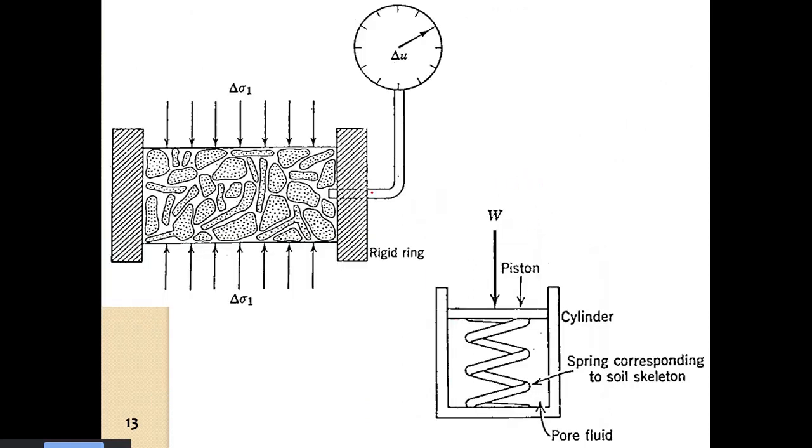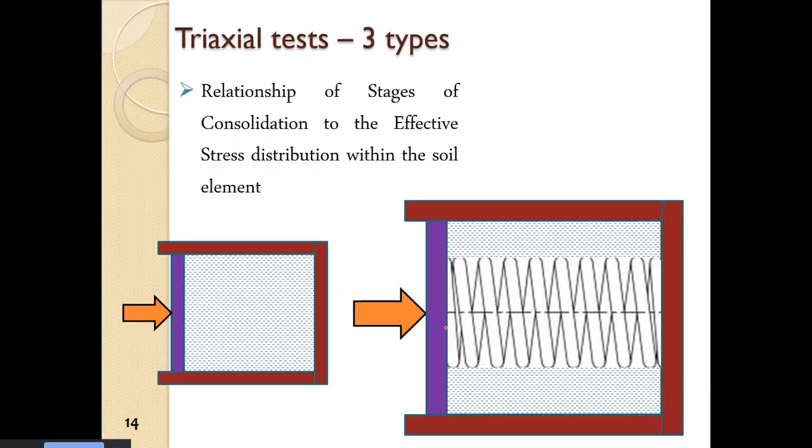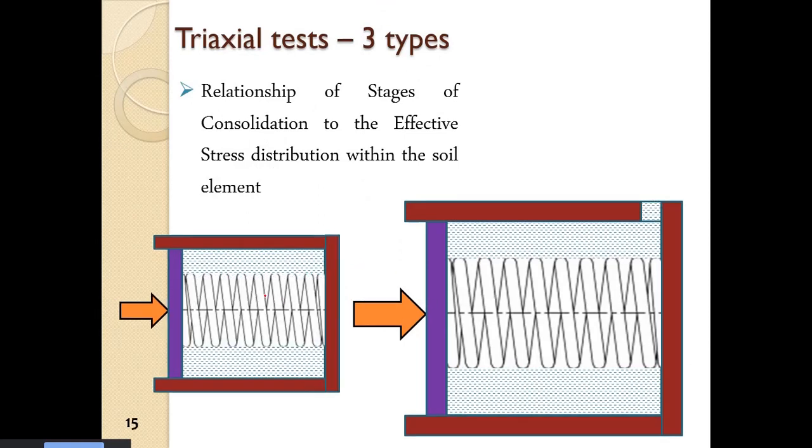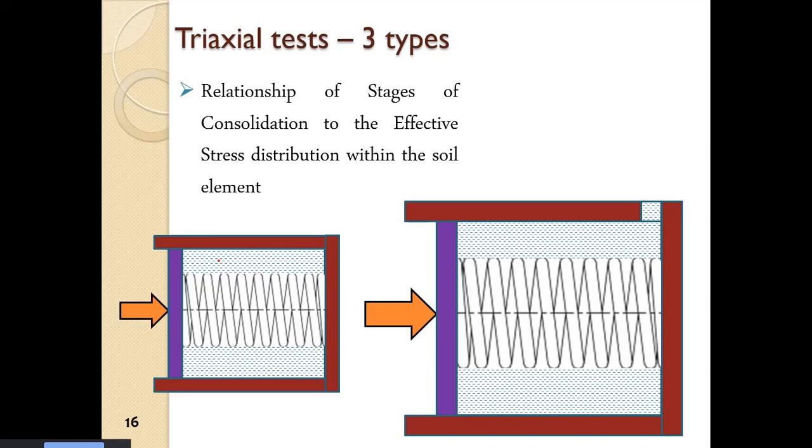So to understand that, we have considered the soil to be equivalent to a spring, and the pore water pressure to be the fluid in the piston. We have correlated the two, and we have seen that in the undrained condition, there is development of pore water pressure.